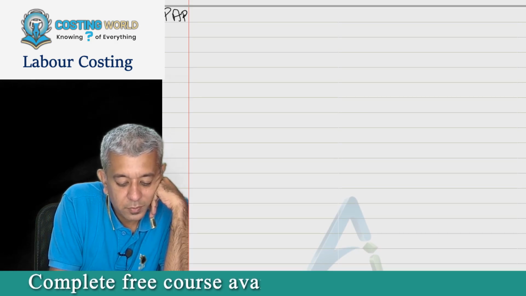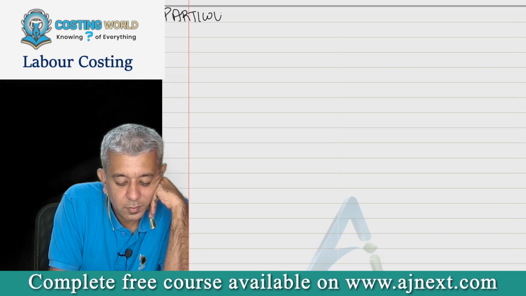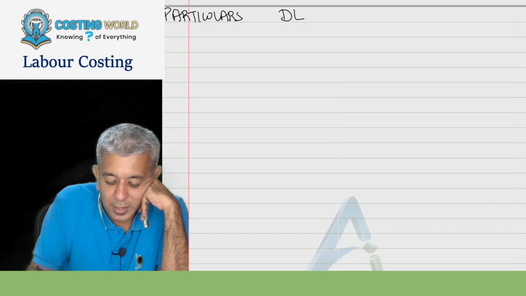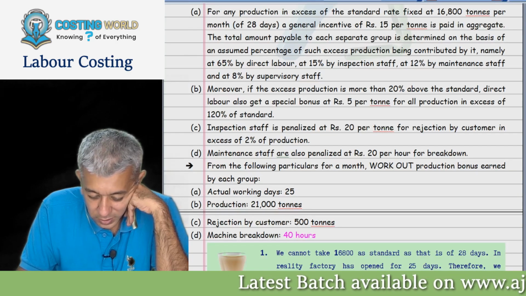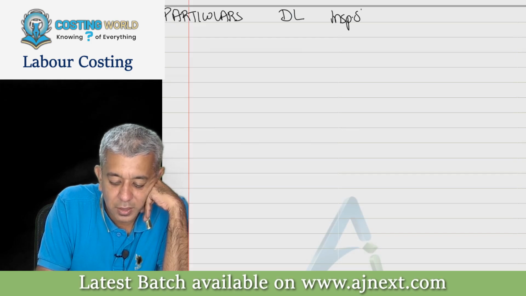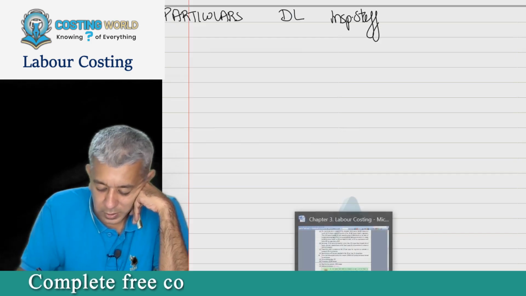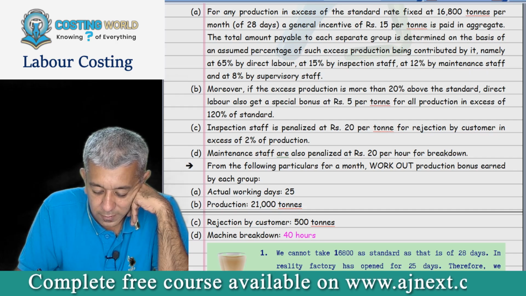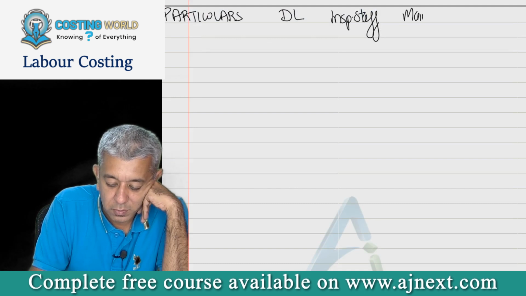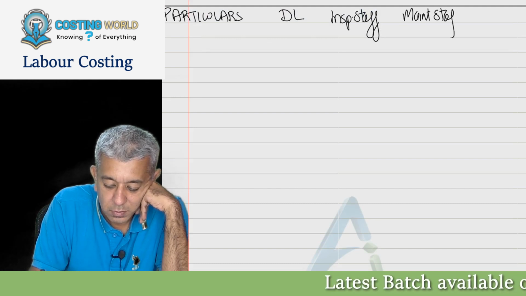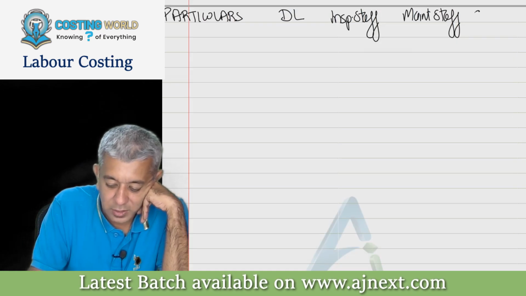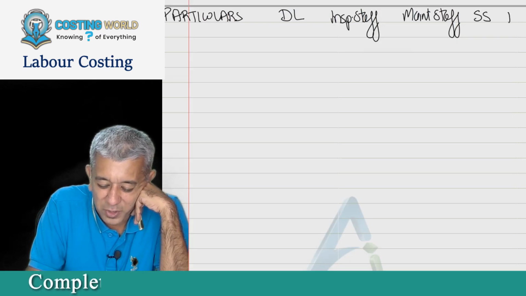Write down. Particulars. Direct labor is your first team. Inspection staff is your second team. Then maintenance staff is your third team. Then supervisory staff is your fourth team. I'll require one column for total.